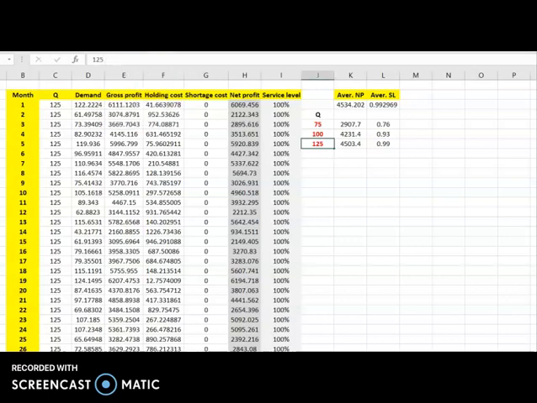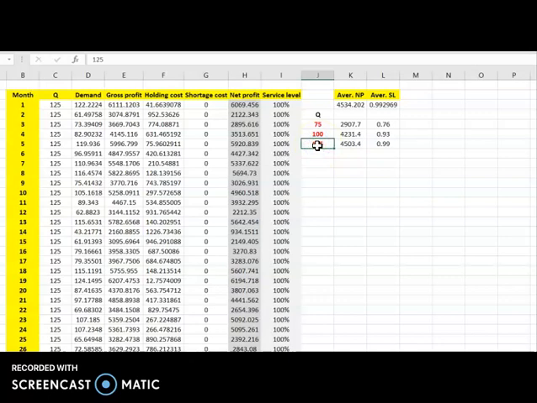If you want to continue and find the best Q, since after adding 25 to 75 we get to 100 and we get better profit and better service level, and after adding another 25 we again get better profit and service level, it makes sense to continue adding, and in that situation you will find the best answer.